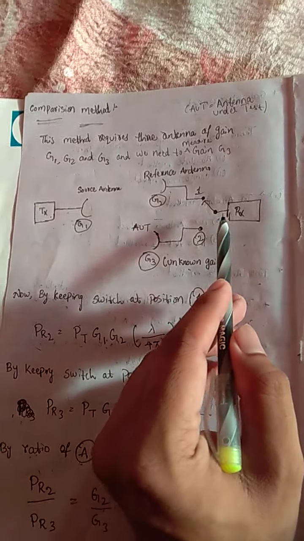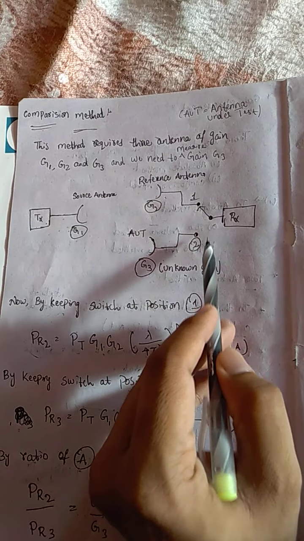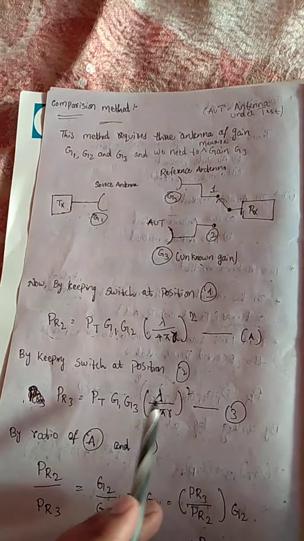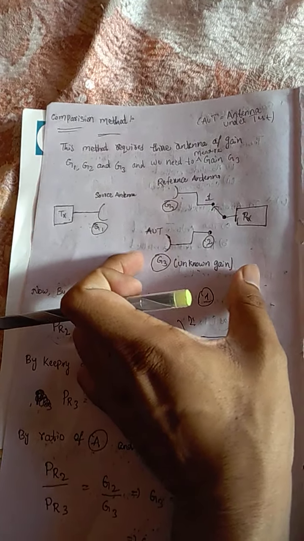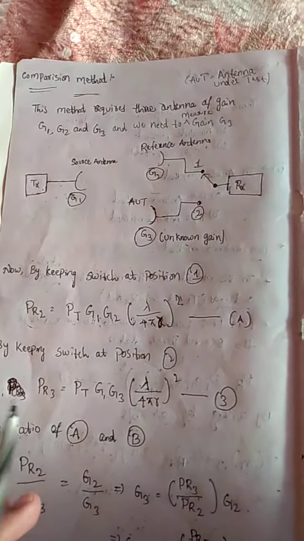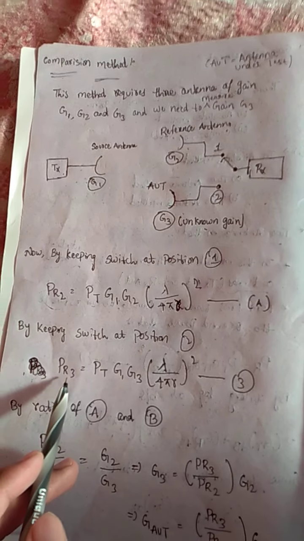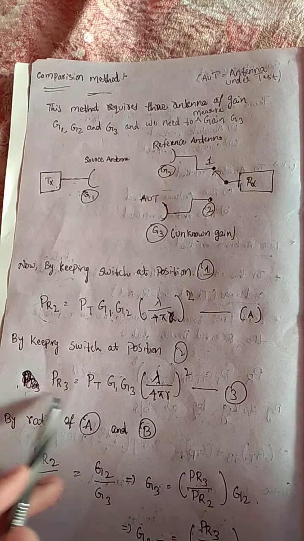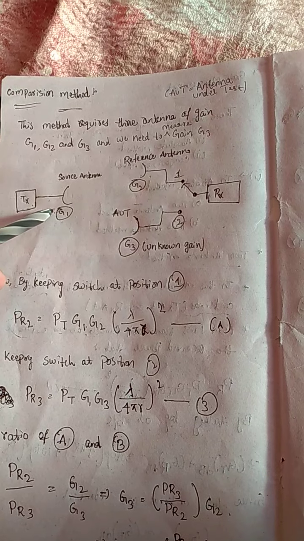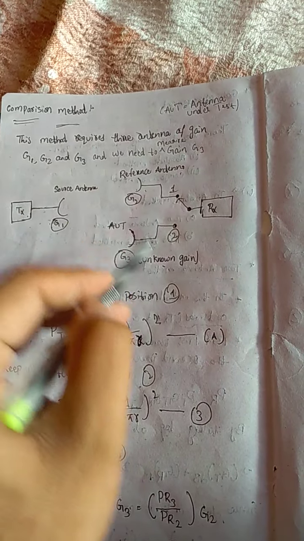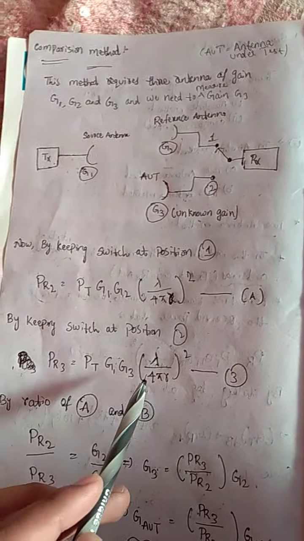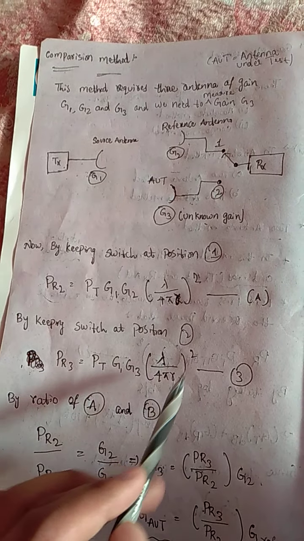Now just keep this switch at position 2. By keeping the switch at position 2, we are talking about antenna 3, the AUT. PR3, the power received by antenna 3, is equal to PT times G1, the gain of the first antenna, times G3, the gain of the third antenna, which is unknown and we have to measure, times lambda by 4 pi r whole square.